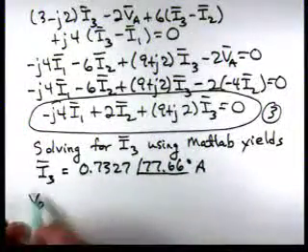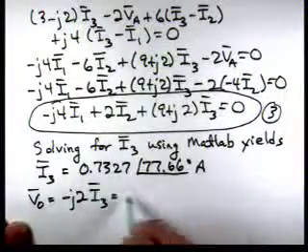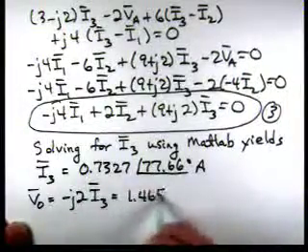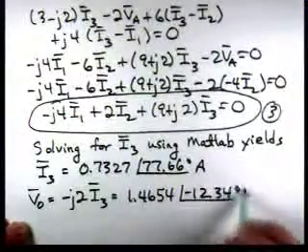And then V0 is minus J2 I3, which is 1.4654 at an angle of minus 12.34 degrees.